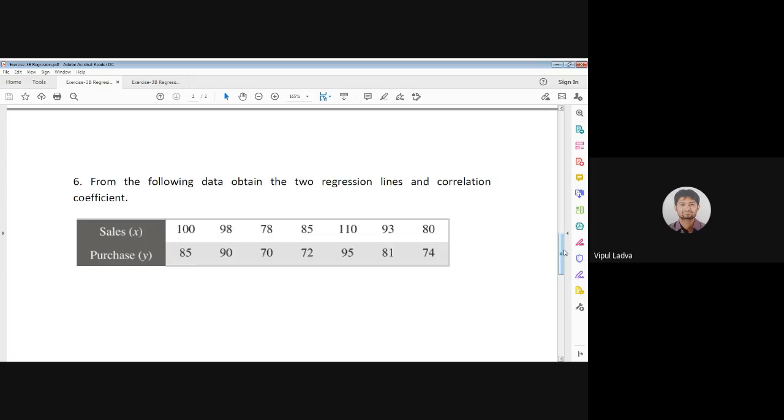Wait. Let me collect the data first of all. Let me share my screen. Just give me one minute so I can open a notebook.